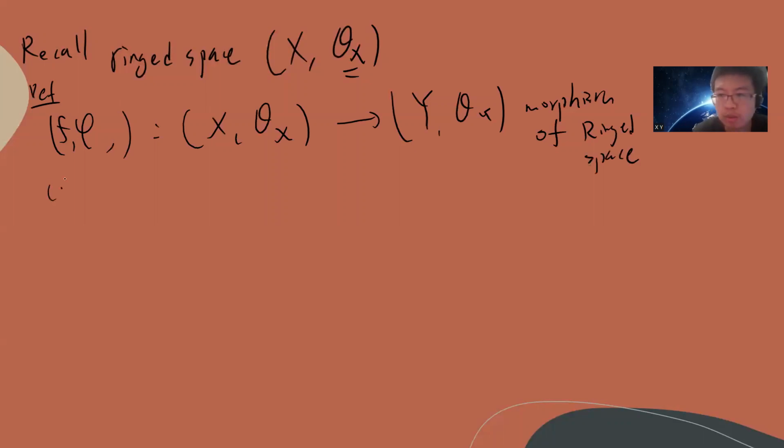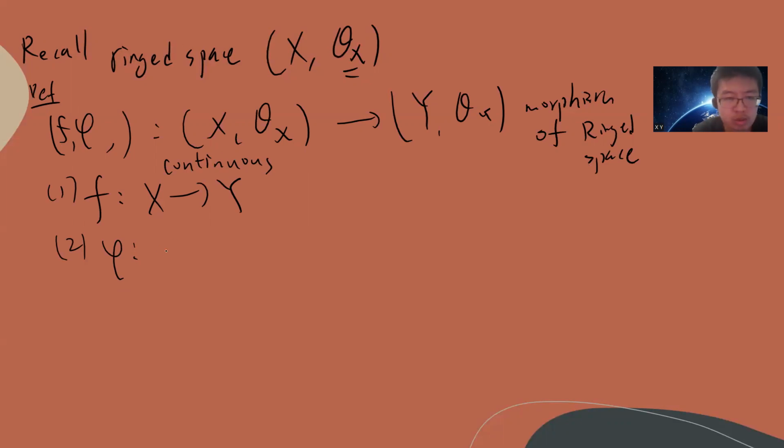Basically, you need to require that f is a continuous map of topological spaces. The second requirement is that you have a morphism between sheaves, since f has the direct image.